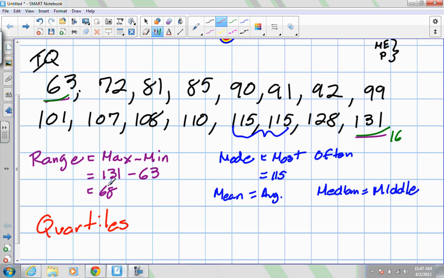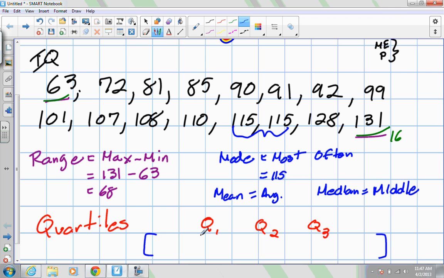And the way quartiles work is we have a Q1, Q2, and a Q3. And technically we could have a Q4, but they don't really talk about it that much. And what these are going to represent is all of the data.